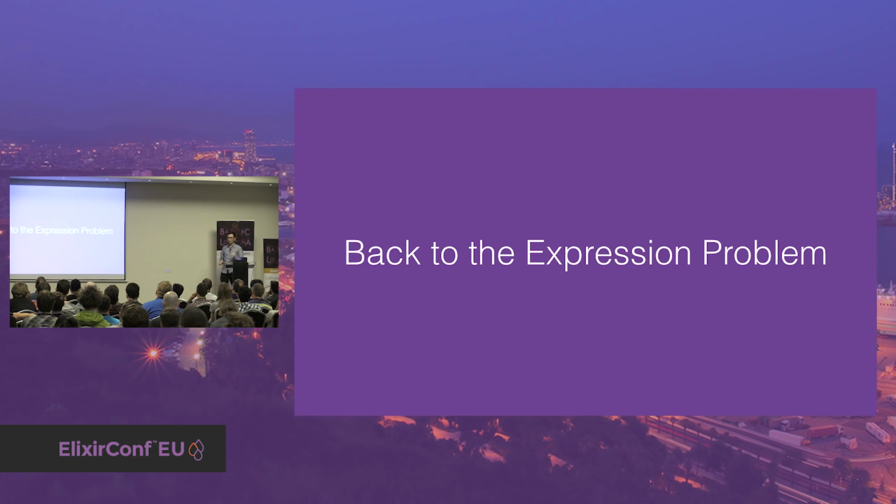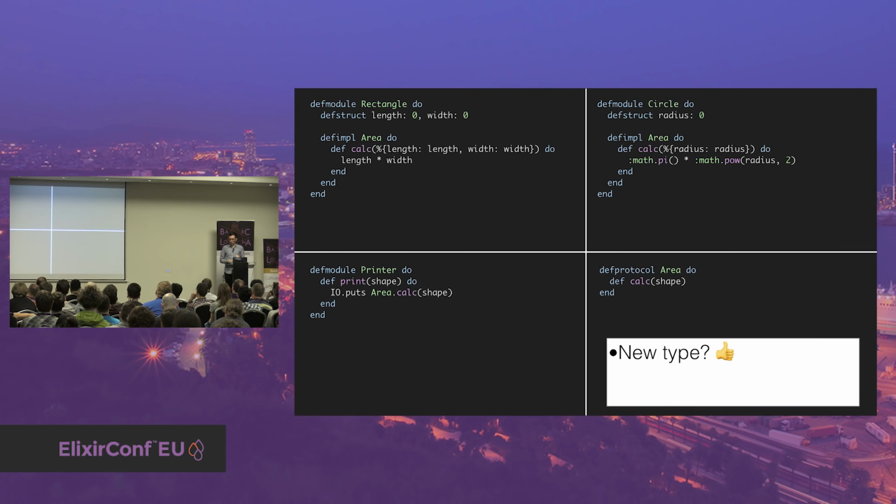All right, so now that we're experts in protocols, let's go back to the expression problem. So recall that before, in a functional language, we were able to add new functions without modifying our types. But if we added a new type, we had to go change our existing functions.